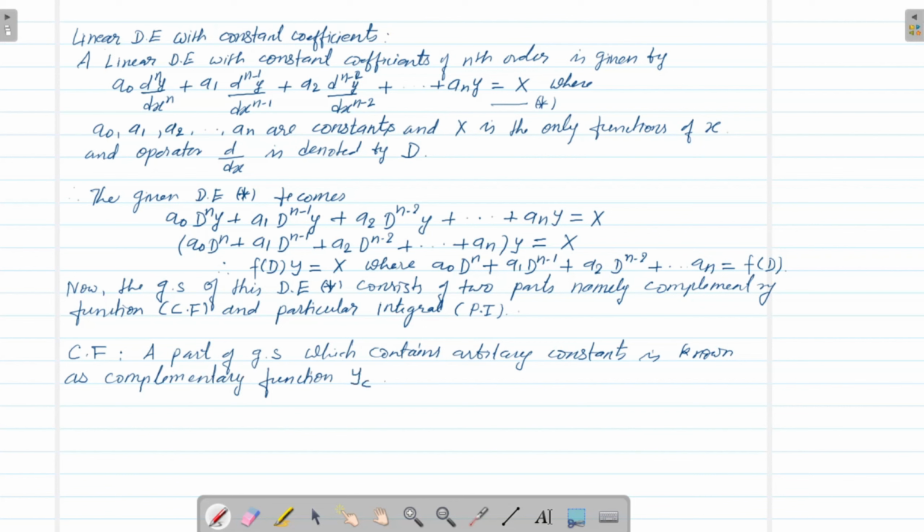Therefore we can obtain the general solution.